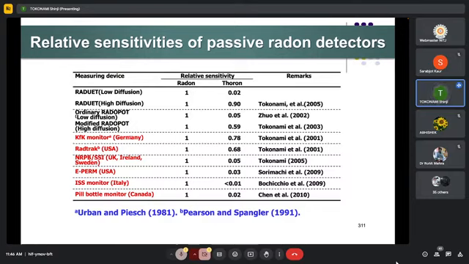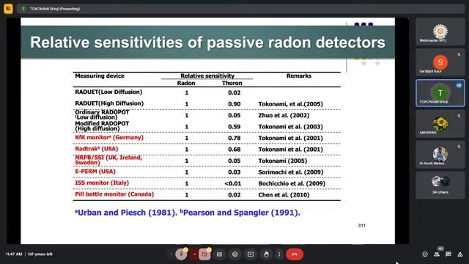The German detector, which was used in the first survey in Japan, has a higher sensitivity for thoron. Radotrack, which was used in the radon epidemiological study in China, also has higher sensitivity for thoron, 68%. Regarding the popular European detectors, the thoron sensitivity is quite low.